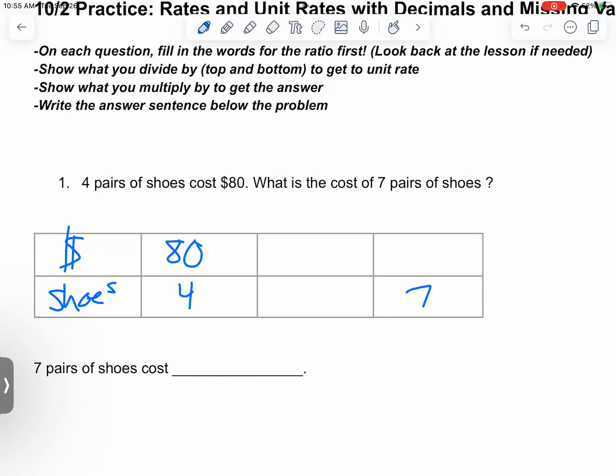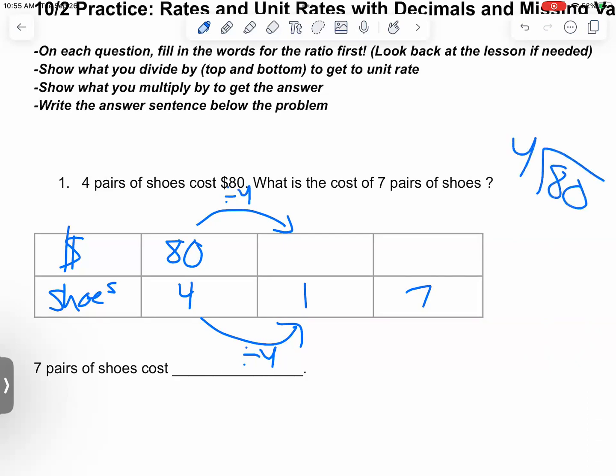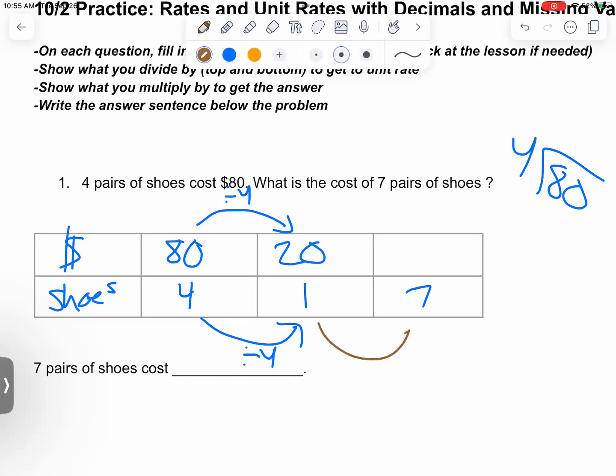So to get to our unit rate, for 1 pair of shoes, we have to divide by 4. And I want you to do this on each one. Divide by 4. 80 divided by 4, like this, right? You're going to get $20 per pair of shoes. Okay, then to get from 1 to 7, that's times 7.